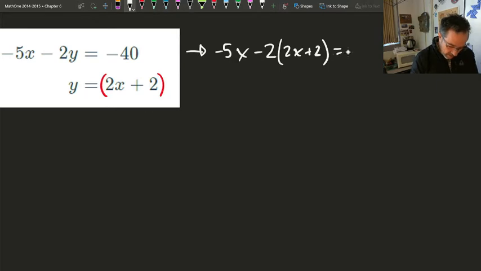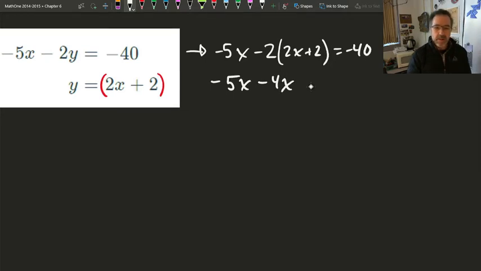And then that's going to equal negative 40. So using the distributive property here, I'll rewrite this. Negative 5x minus 4x. And I've got to be really careful here. I'm distributing this negative 2. So I'm going to multiply negative 2 times positive 2 and get a negative 4. And that equals negative 40.